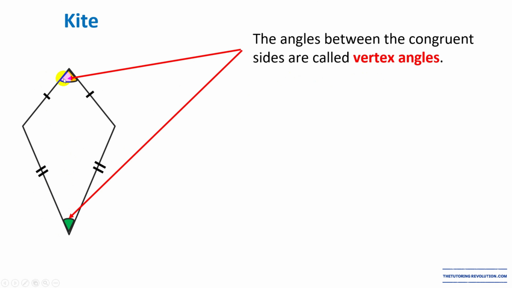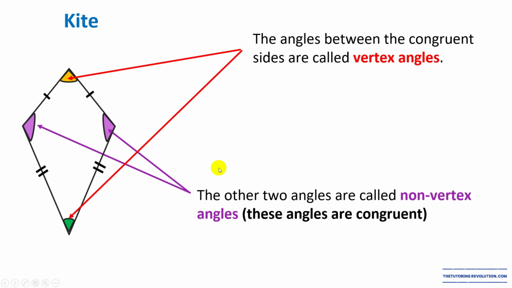So the angle between these two congruent sides is a vertex angle, and this green angle between these two congruent sides is also a vertex angle. The other two angles are called non-vertex angles, and these angles are going to measure the same. They are congruent to each other.